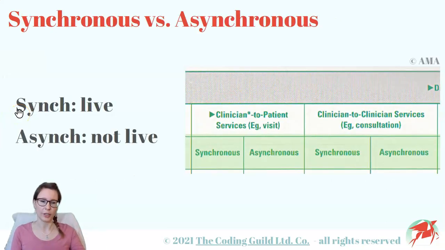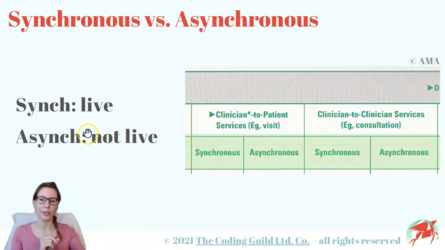First is the differentiation of synchronous and asynchronous services. This really is just a fancy way of saying whether it is live or not live communication. Examples for live or synchronous services are face-to-face visits, telephone visits, chat visits. During these encounters, both parties can interact with each other in real time.